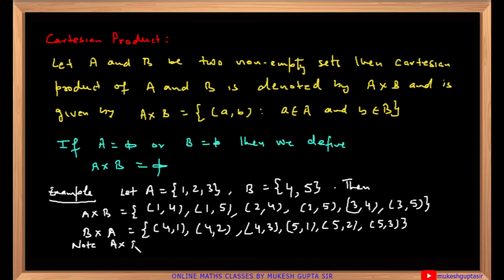Note that A cross B is not equal to B cross A. As you can see, (1, 4) is not equal to (4, 1), (1, 5) is not equal to (5, 1), etc.